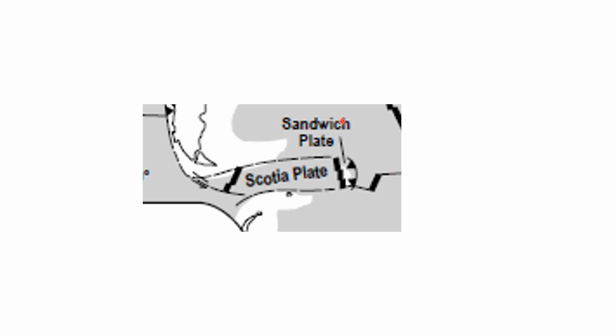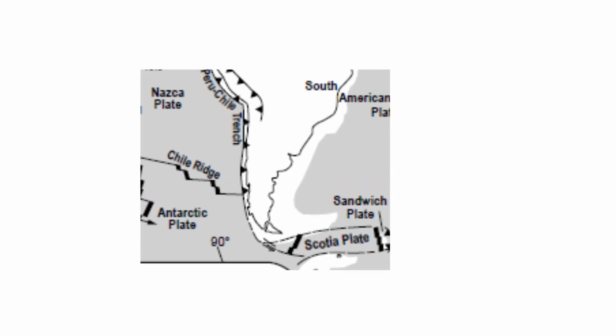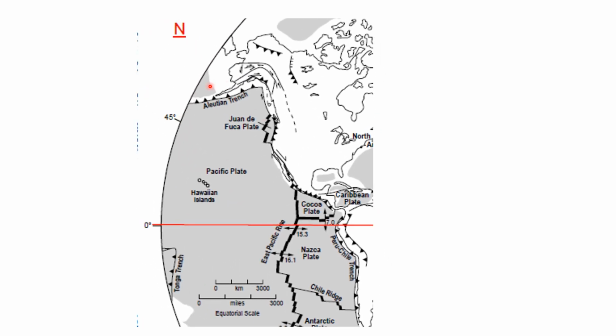We have some convergent plate boundaries at the Sandwich plate. Convergent plate boundaries are also on this side of the map and along Alaska, along South America, the Peru-Chile Trench, and things like that. So we're just looking for the specific symbol for a convergent plate boundary.